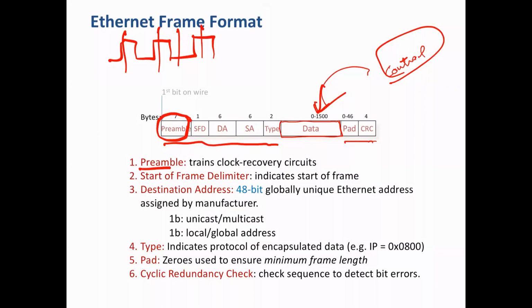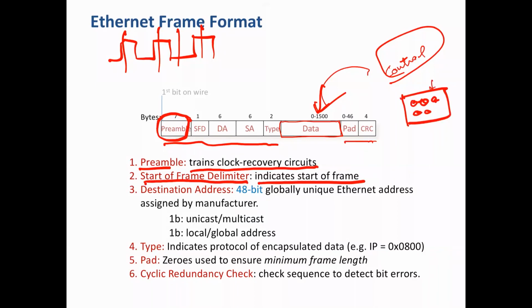It's a sequence of bits which will train the clock recovery circuit. Now we cannot go into details of this. Please read it from any book if you're interested. Then the start of frame delimiter indicates the start of the frame. Like if you're receiving laddus from your mother, laddus are inside, but on top of that there is a box, which says that inside are laddus.